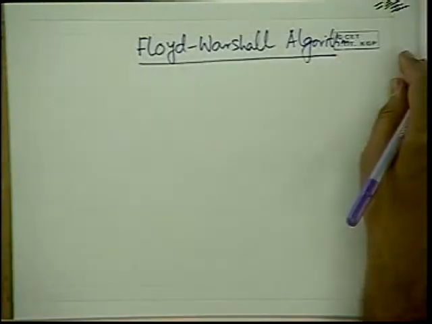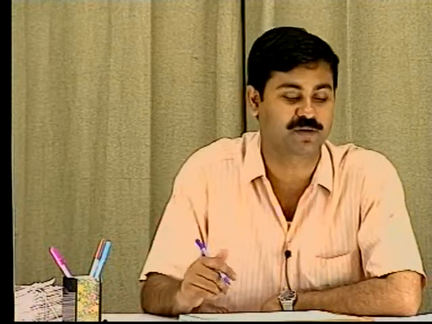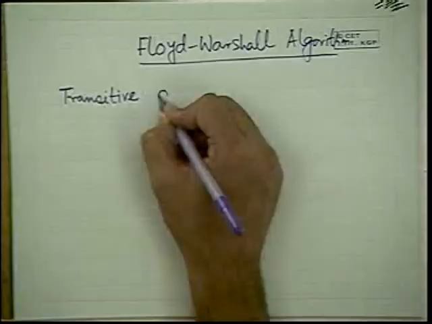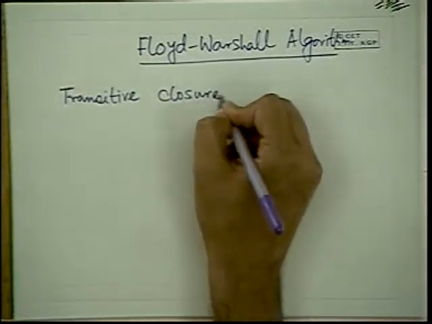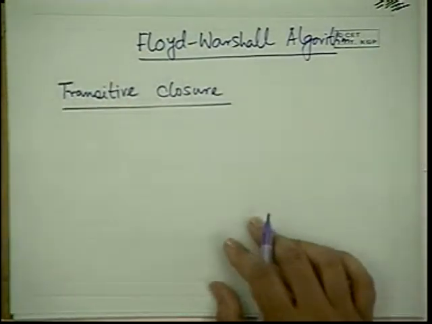Now, before I give you the Floyd Warshall's algorithm for the shortest path problem, I will use this algorithm for another problem which is very much related to the shortest path problem, which is called the transitive closure of a graph. So what is a transitive closure?